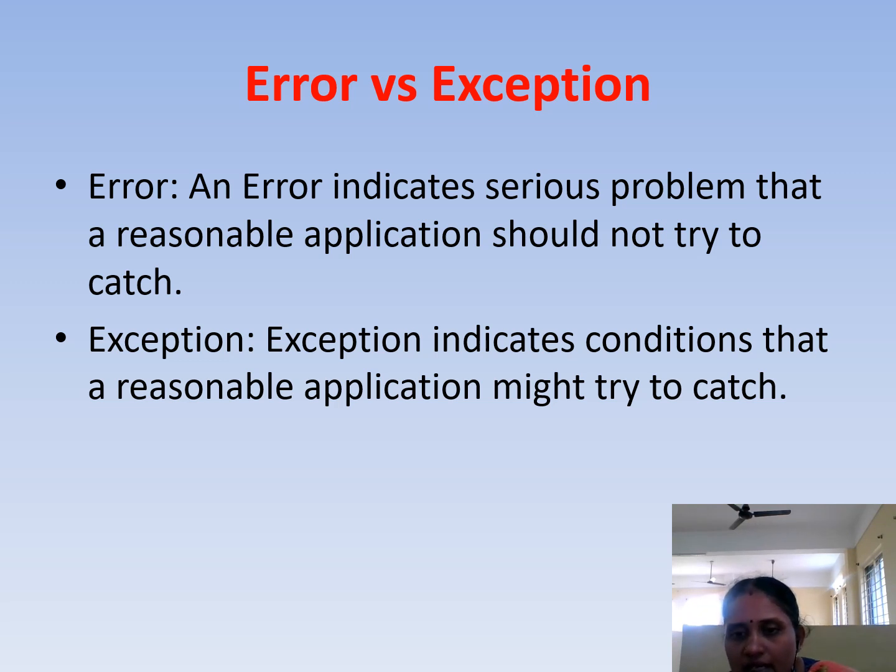Just the checked exceptions can be detected at compile time. Errors indicate a serious problem that a reasonable application should not try to catch, but an exception indicates conditions that a reasonable application might try to catch.